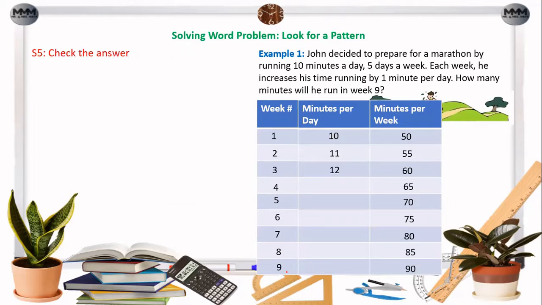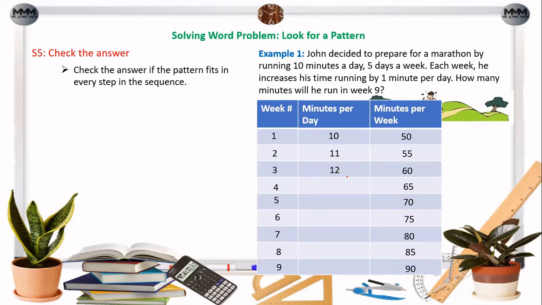So let's proceed to step number 5, our last step, that is, check the answer. To check the answer, we can check if the pattern fits every step in the sequence. Notice that in the given problem, each week John increases his time running by 1 minute per day.